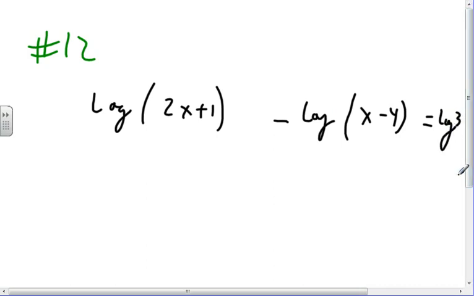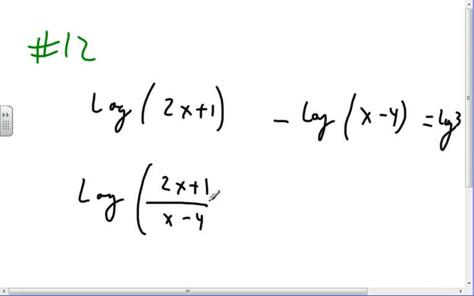Wait a minute. No one told us we could work that problem. But from a previous section, we know that if I subtract logs, that's the same as dividing. So I can write this as log of 2x plus 1 divided by x minus 4 is equal to log 3.